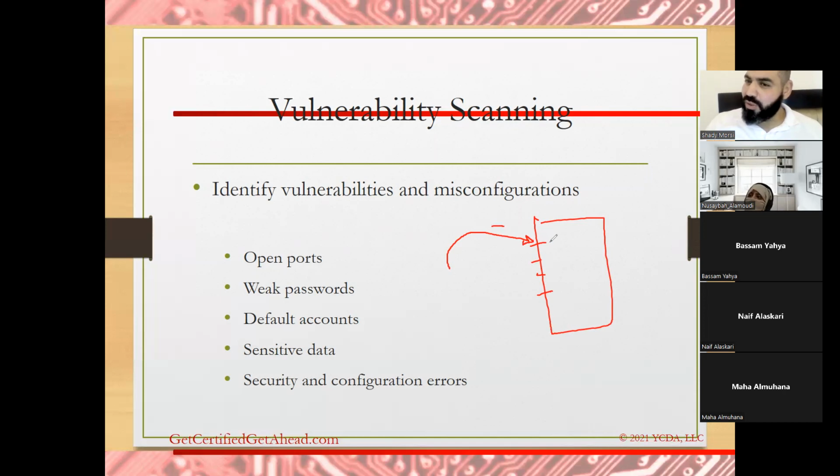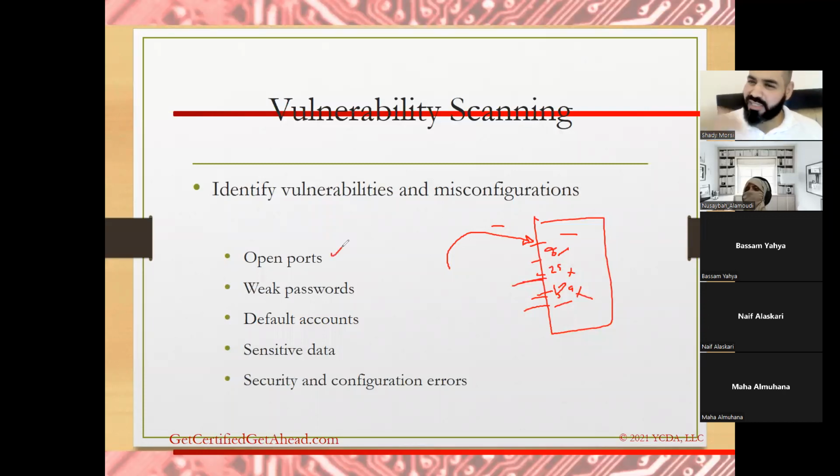So it can tell you, you are having a Windows machine here, you have port 80 open, you have port 25 open, you have port 139 open. Do you really need port 139? You will say, I have port 80, I need port 80, but I don't really need port 25 and port 135. There is no business need. So it will help you to close the services that open these ports. So it can specify what the open ports are.